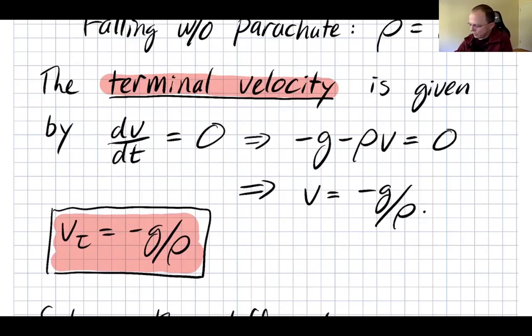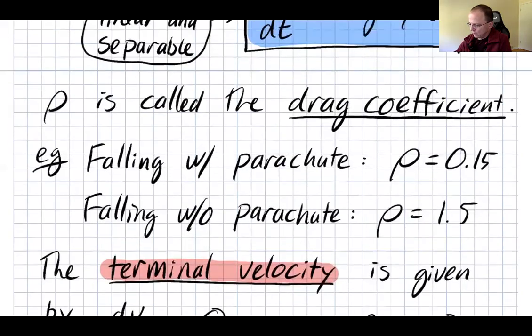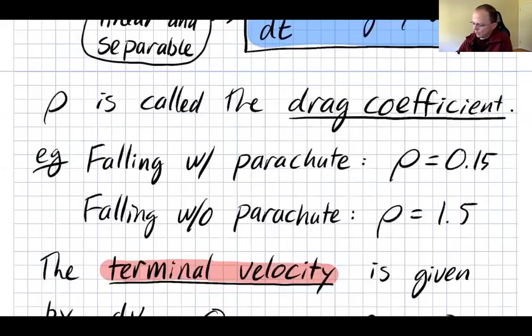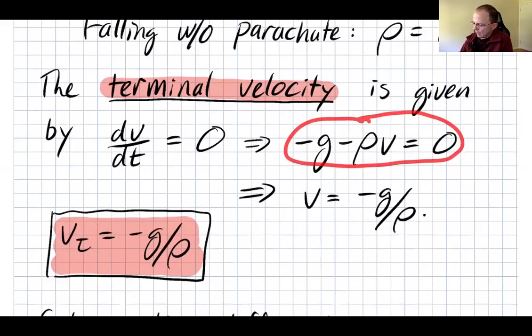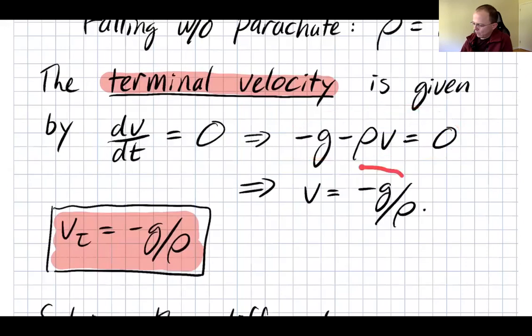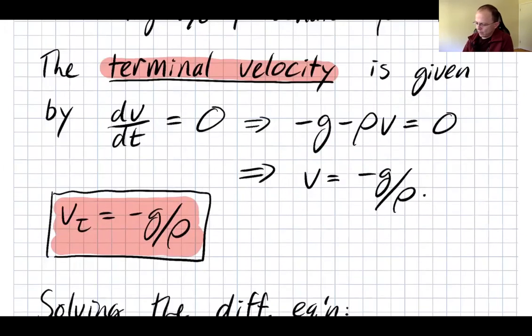So we can take our differential equation and ask when is that equal to 0? We solve for v, and we get this formula. We refer to this as terminal velocity. We represent it as v sub tau, and it is negative g divided by rho.